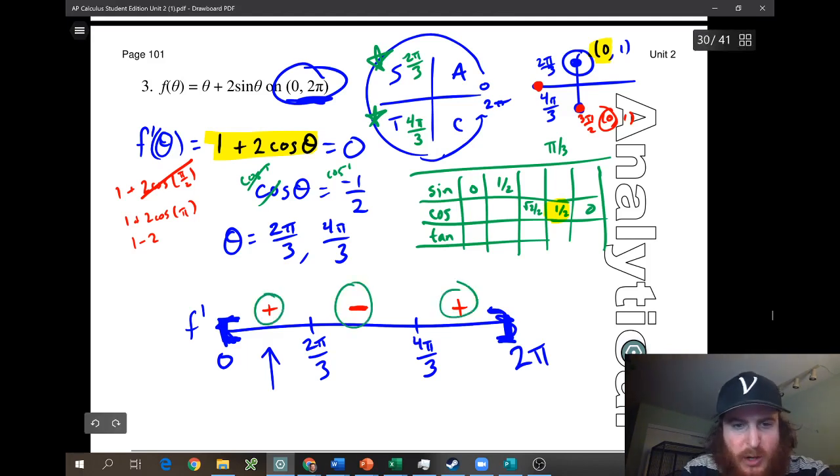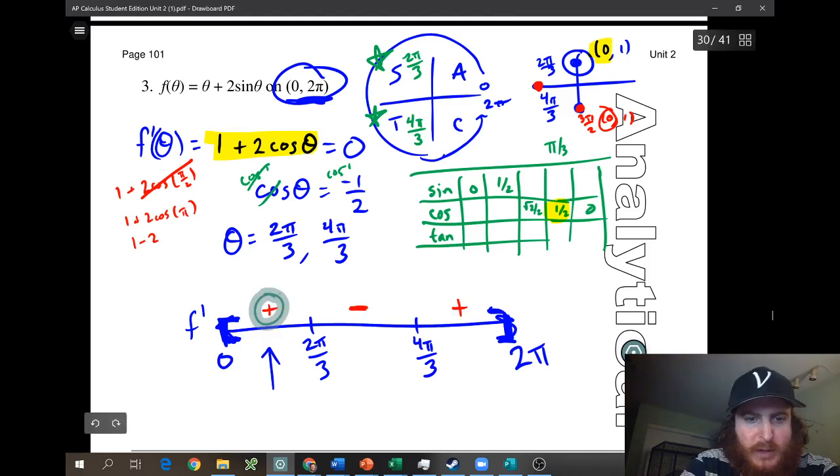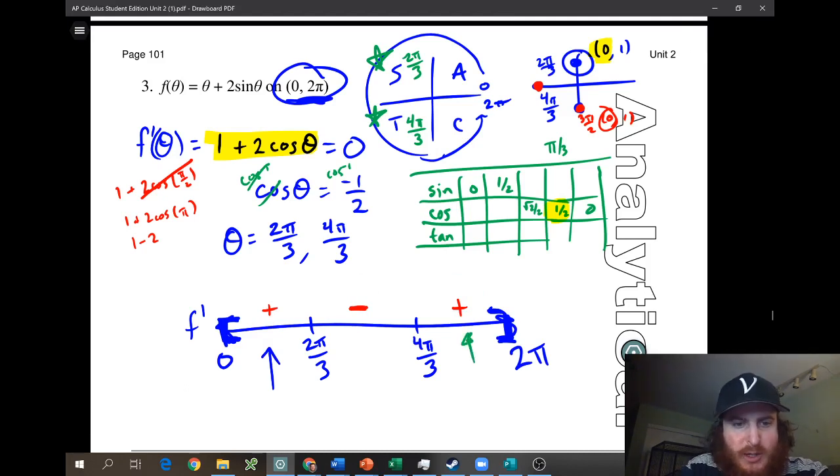So that's a shortcut if you're not sure what to plug in, say on the homework, there's one where it's hard to figure out what to plug in for this last section. Just remember that it always flips positive, negative, positive, negative. Or if you're running short on time on an AP exam and you get a cosine one, you could just plug into the first, get positive, and then immediately say the next one has to be negative, the third one has to be positive. So that's a little bit of a shortcut for you guys.